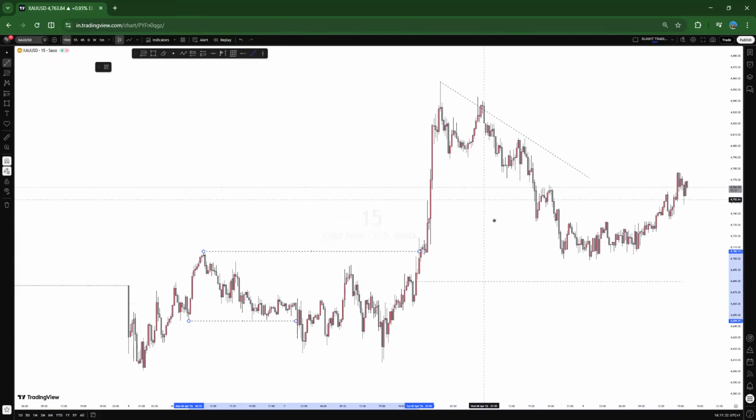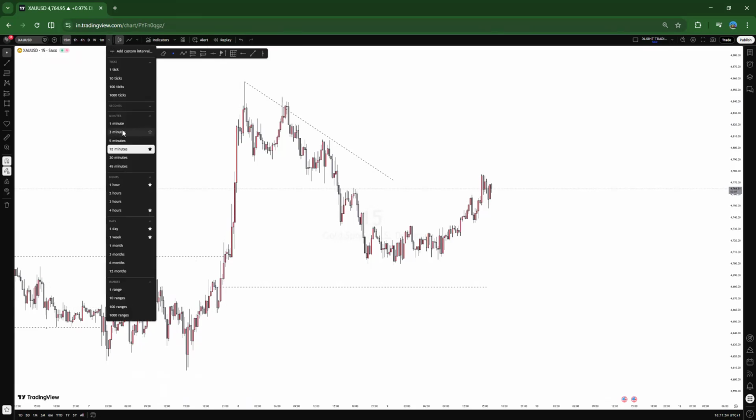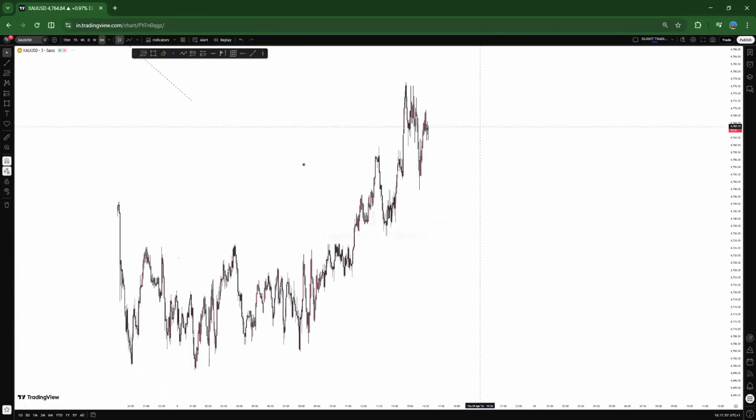So everything here is just internal. And the only unmitigated zone here is this particular candle. Everything here has been mitigated. But one thing about gold is it doesn't really respect that well. You might say this is the unmitigated one, but it will just do you dirty and do whatever it wants to do. All right, let's see that particular zone.